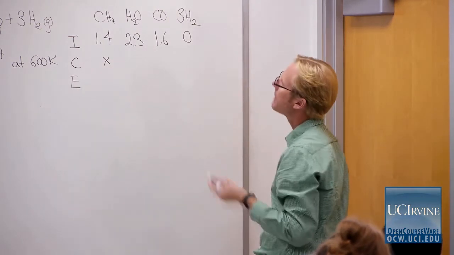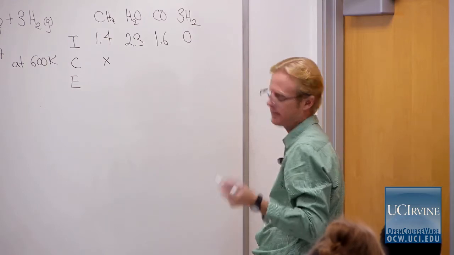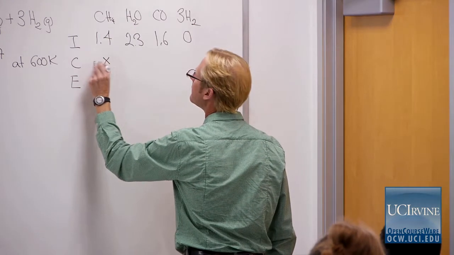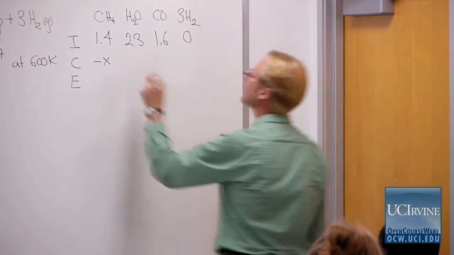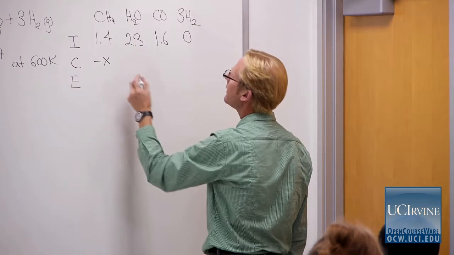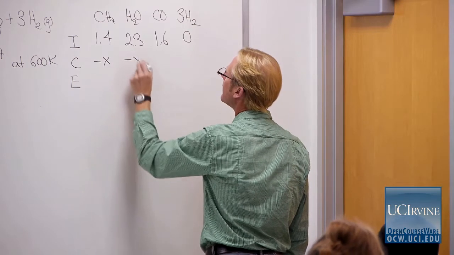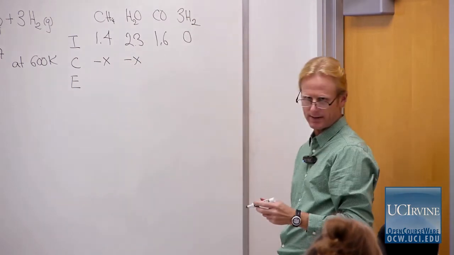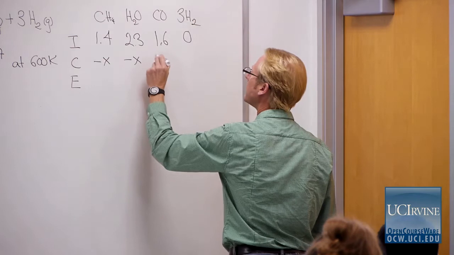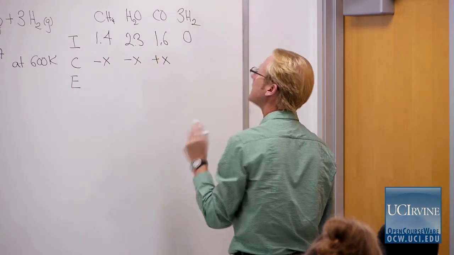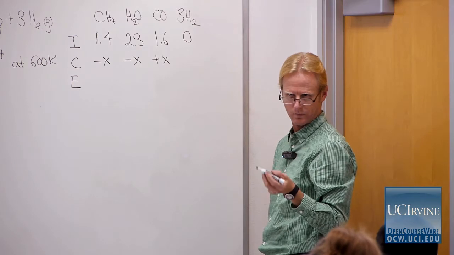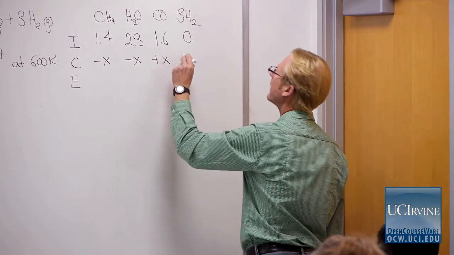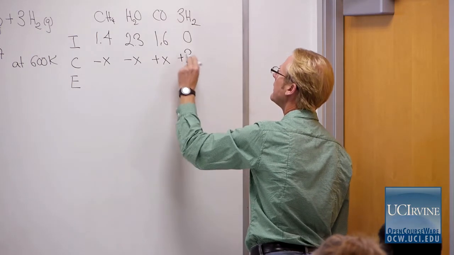And since methane is going away, I'll put a minus sign here if the reaction goes forward. By the stoichiometry, H2O is the same. And then CO is going to be plus x. And then what should I put for hydrogen? Plus 3x because of the stoichiometry.